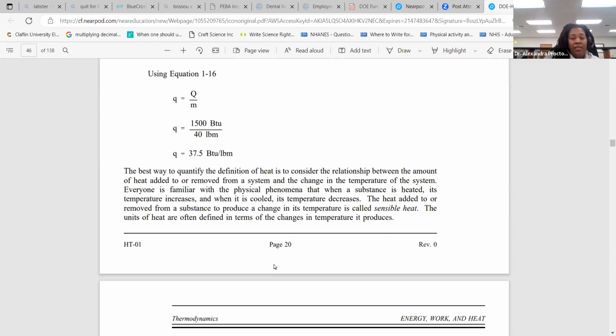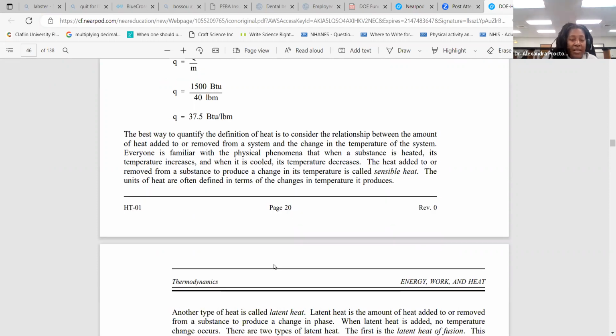When a substance is cooled, we know the temperature decreases. So the heat added to or removed from a substance produces a change in temperature, and they call that sensible heat. The unit of heat is defined in terms of changes in temperature.